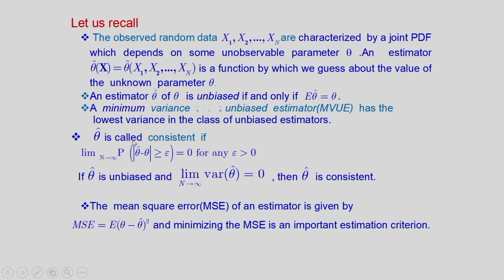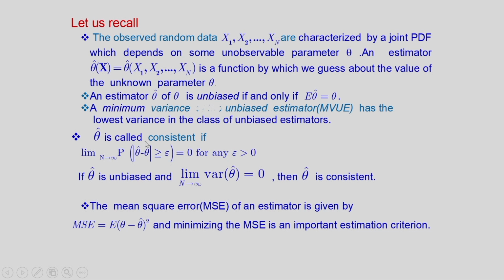The estimator theta hat is called consistent if the probability of any arbitrary deviation goes down to 0 as n tends to infinity. So, this is the definition of a consistent estimator. Eventually, as we have more and more data, theta hat will be more and more close to theta.